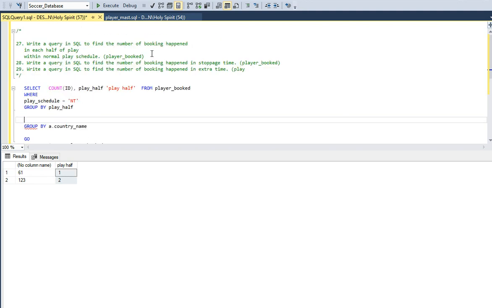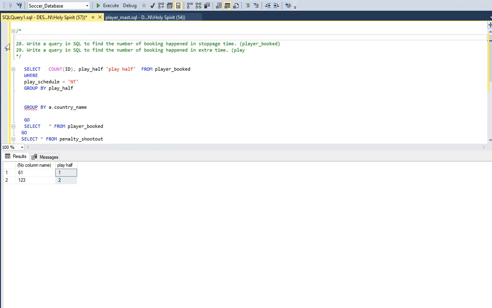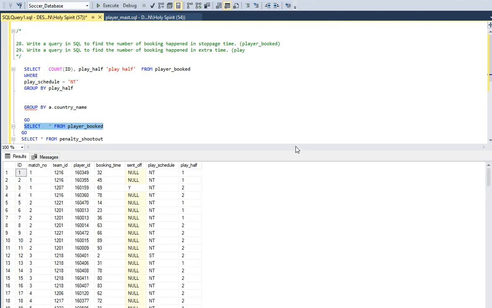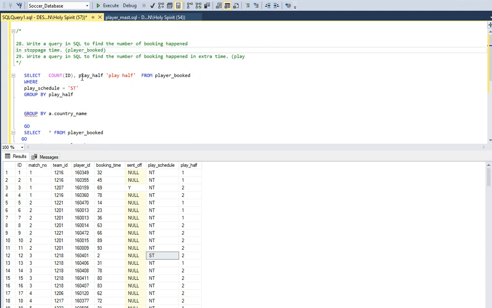So the next question, write a query in SQL to find the number of bookings happened in stoppage time. NT is normal time, ST is stoppage time. So here we just change it to ST and let's go back to the question again. Write a query in SQL to find the number of bookings happened in stoppage time.